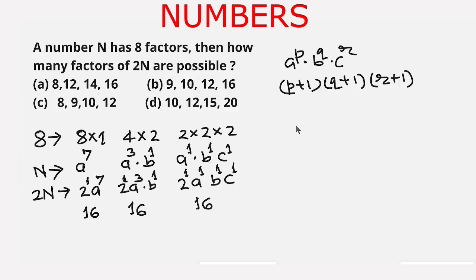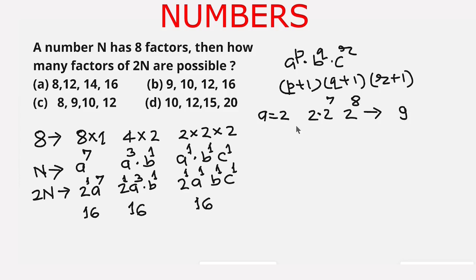Now when a equal to 2, then 2 into a to the power 7 will be 2 to the power 7. So it will be 2 to the power 8. And number of factors will be 8 plus 1 is 9.